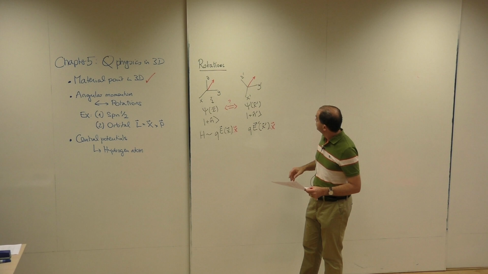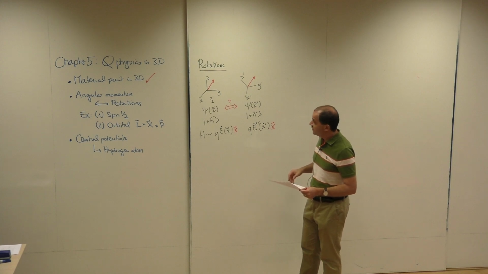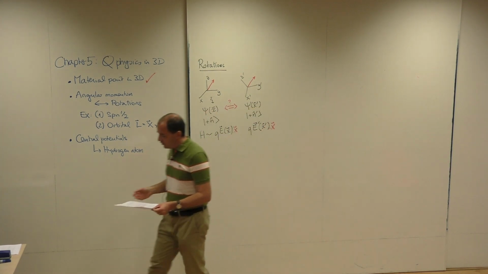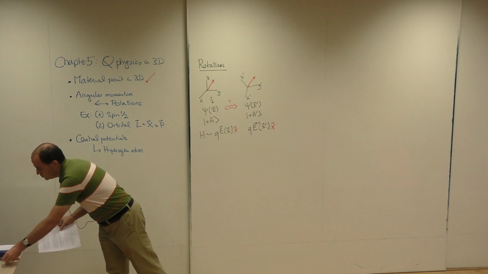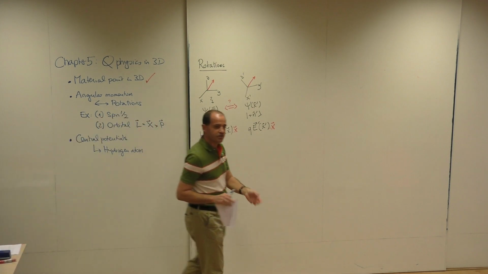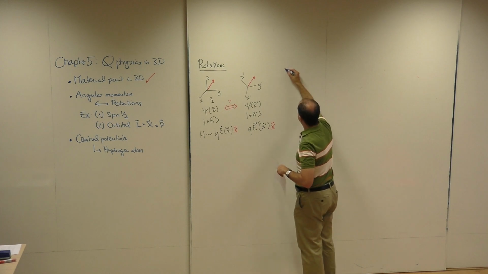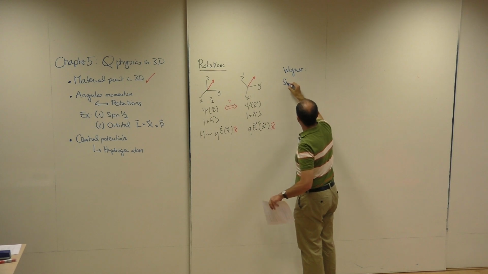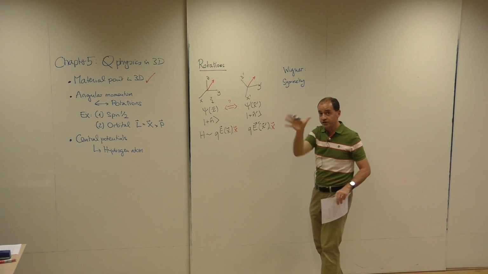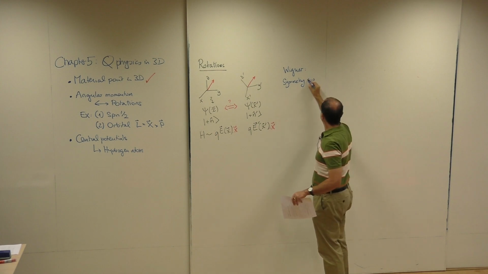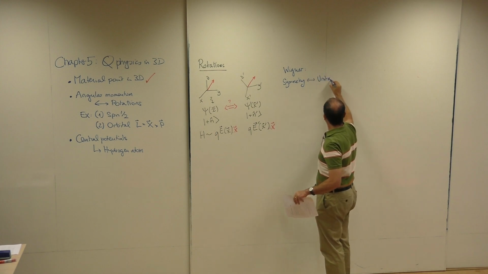Great. So now I will drop you something that you don't know and I didn't tell you. I mentioned just very quickly that any symmetry, and this is a symmetry, right? There is the Wigner theorem that says that a symmetry in quantum mechanics, especially a continuous symmetry like a rotation, is associated with a unitary operator.